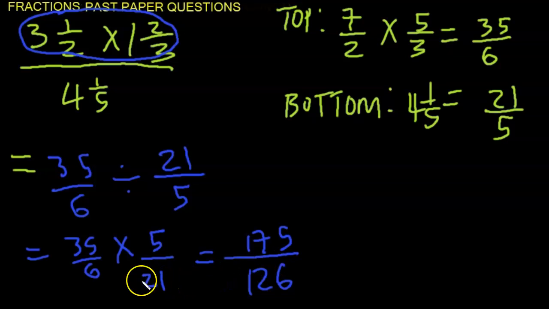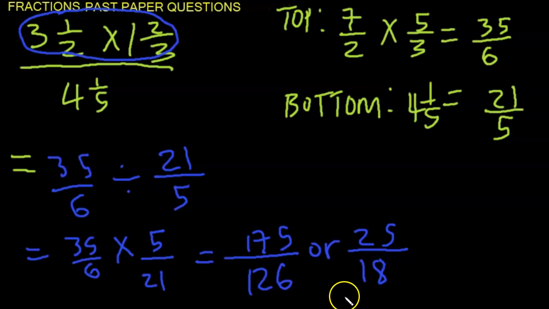Yes, it seems like 7 can go into both numbers, because from here you could have divided both the 35 and the 21 by 7. So we could simplify the 175 over 126, dividing both by 7. So 175 divided by 7 is 25, and 126 divided by 7, that seems to be 18.